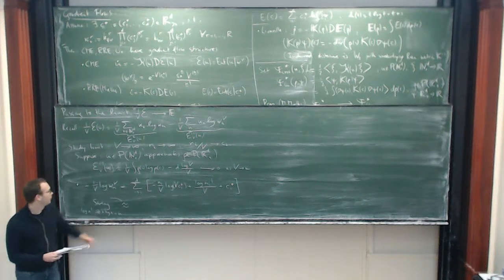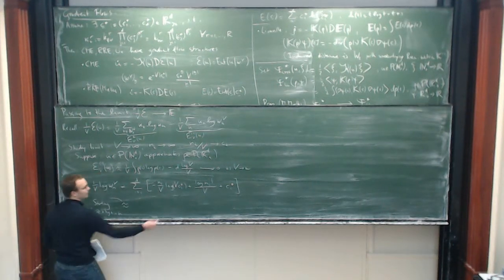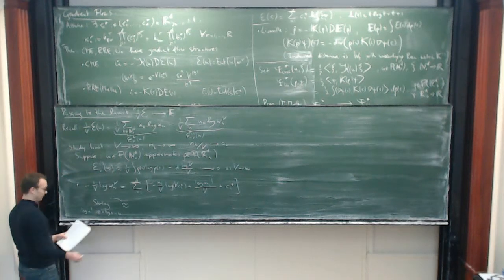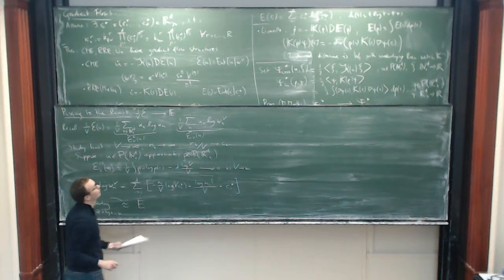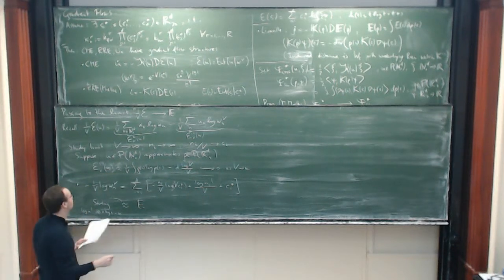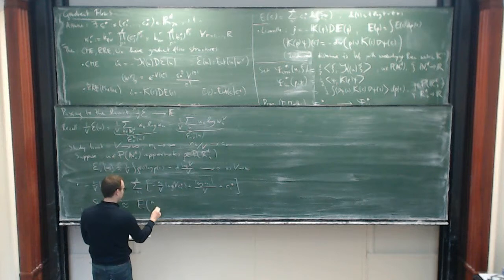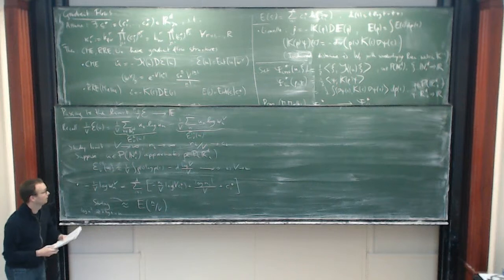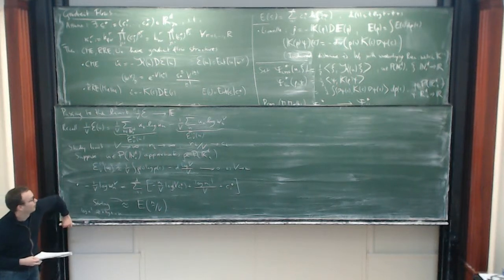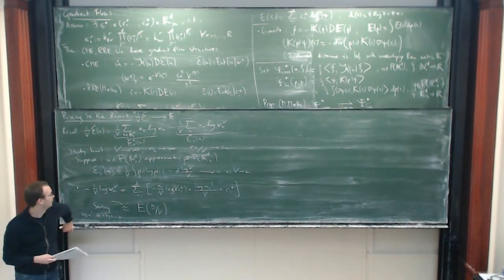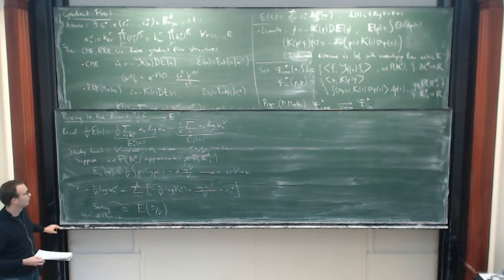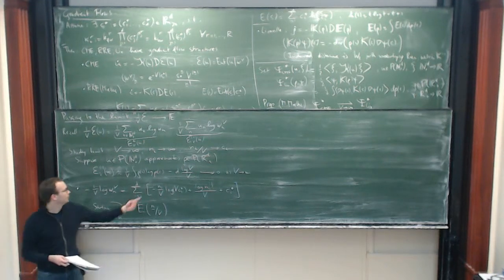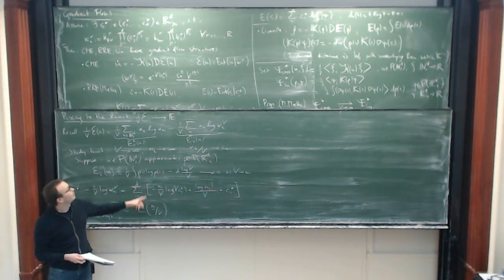And what you find if you replace this log of n factorial by this expression is that this is exactly equal to this energy functional E, which is still over there, of n divided by v. So you just use Stirling, and then you see what you get, and it's exactly equal to this.